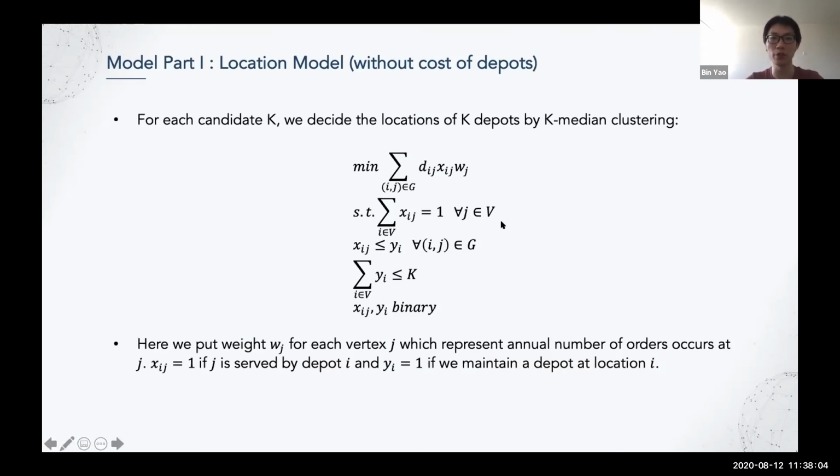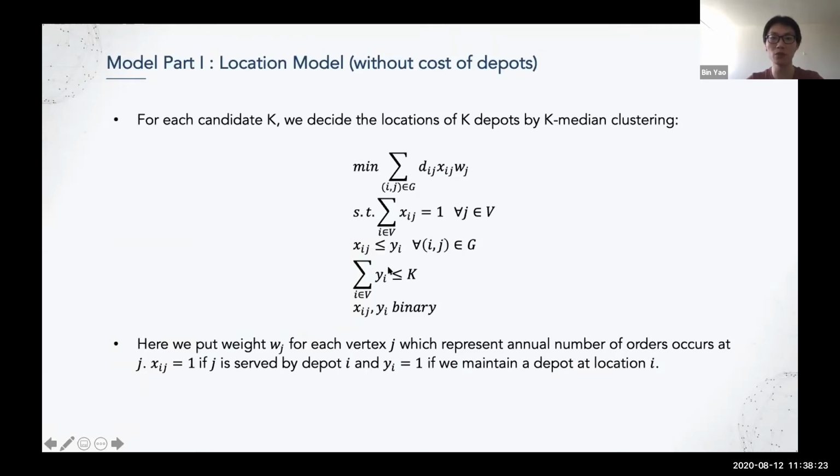The first constraint means each customer is served by exactly one depot. The second constraint means location i can serve customer j only when there's a depot there. And the total number of depots is bounded by the preset K.